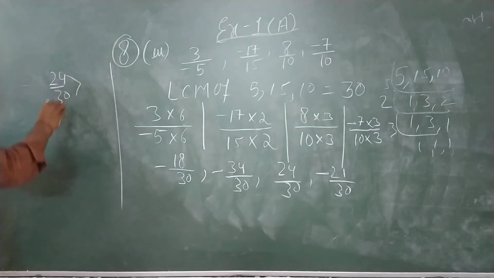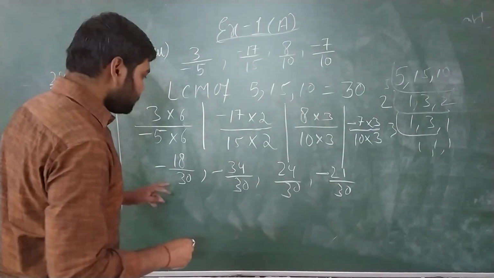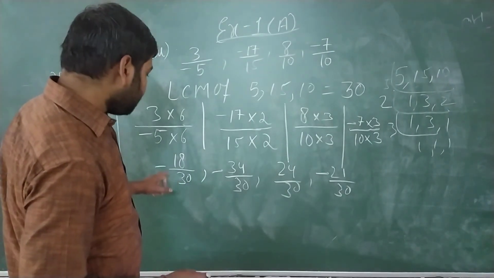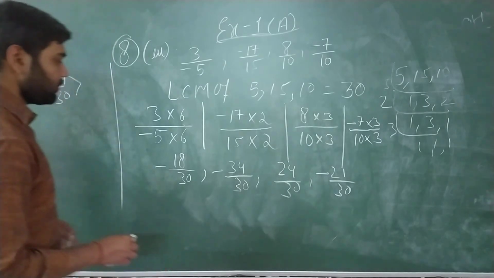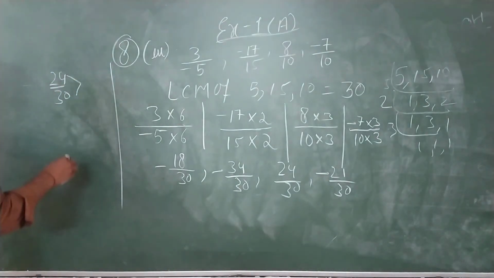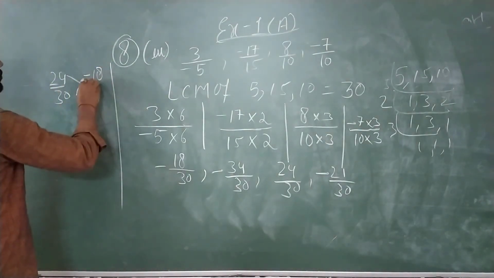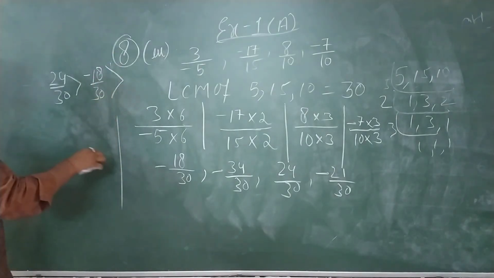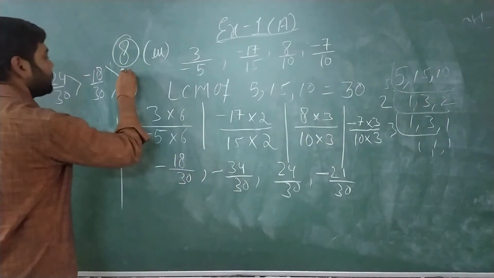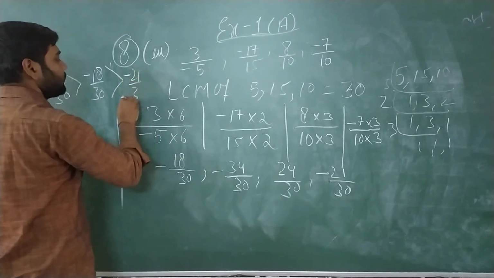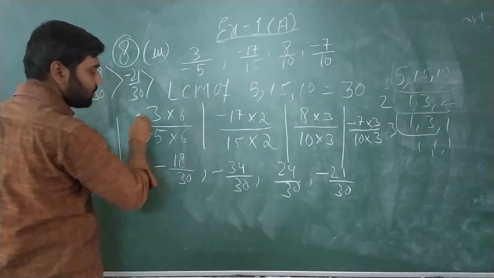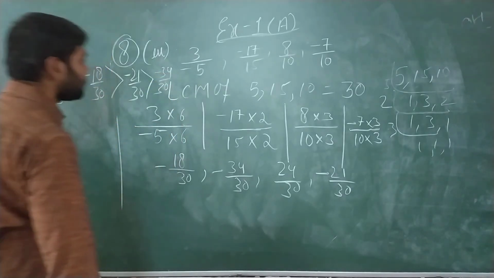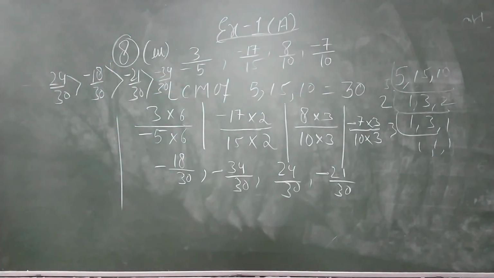After this we will have minus 18 upon 30, then minus 21 upon 30, and after this minus 34 upon 30.